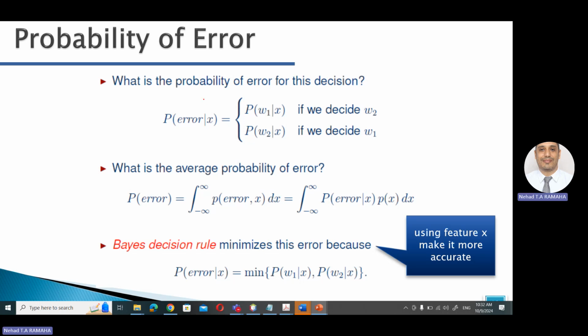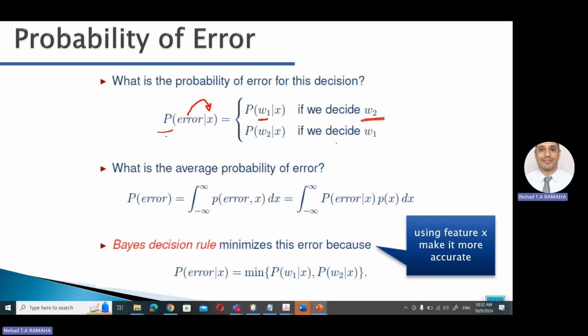So the probability of error, or risk, as we name it now. The probability of error given feature X is the probability of selecting W1 if we decide W2. Same as the original one, yes? When you select W1, it's the probability of W2.